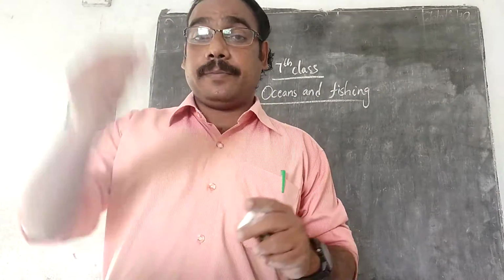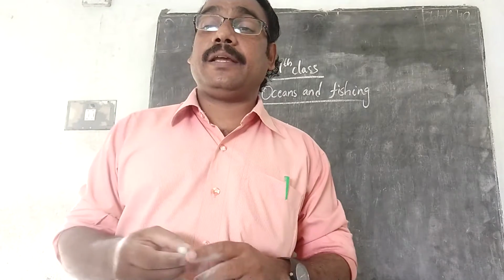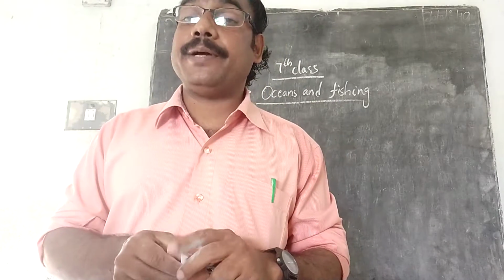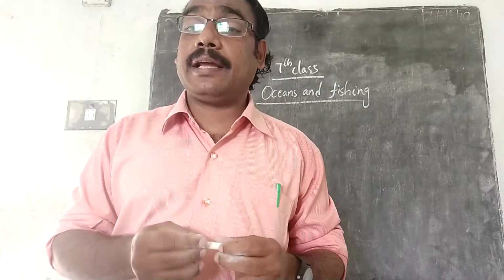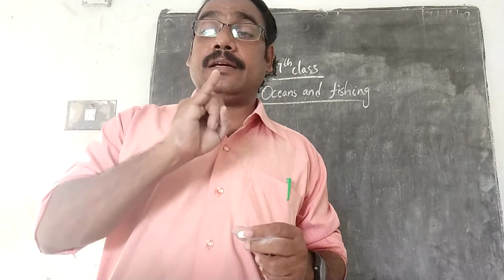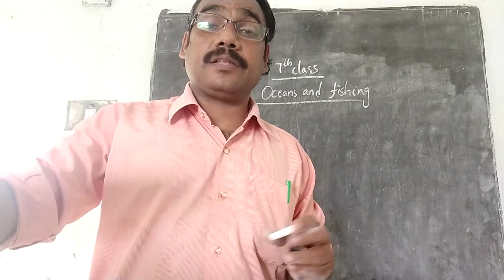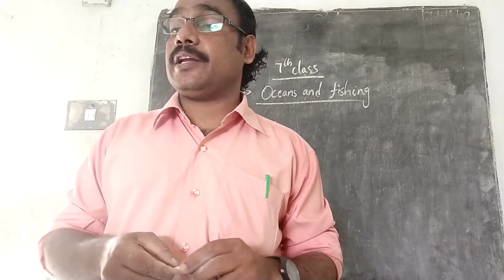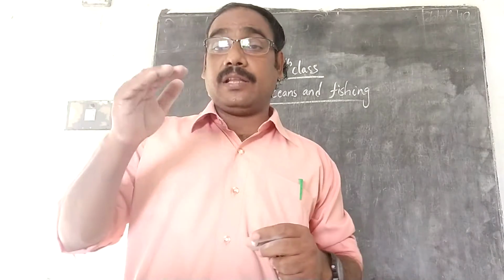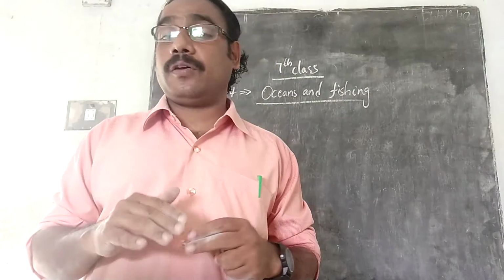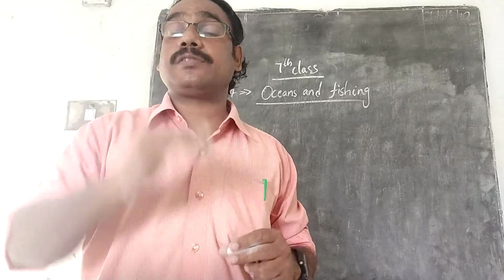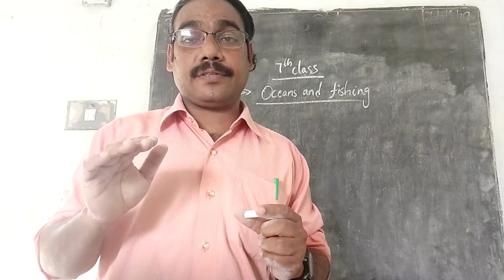Movements of oceans, mainly what we learned in that lesson. There are three kinds of movements: waves, tides and currents. Once we are revising that, waves means, as I told the definition, when the water on the surface of the ocean rises and falls, they are called waves.